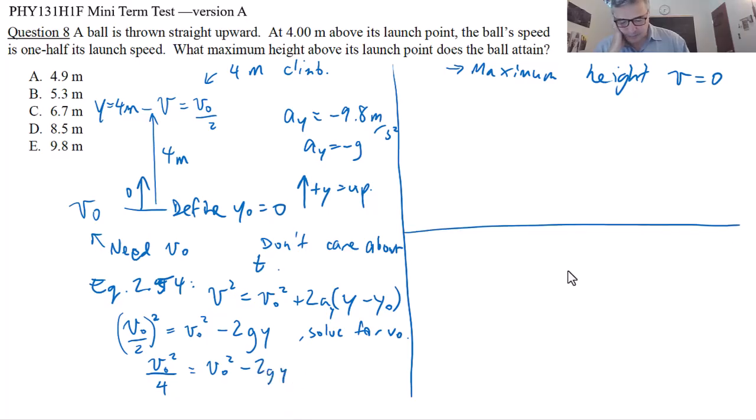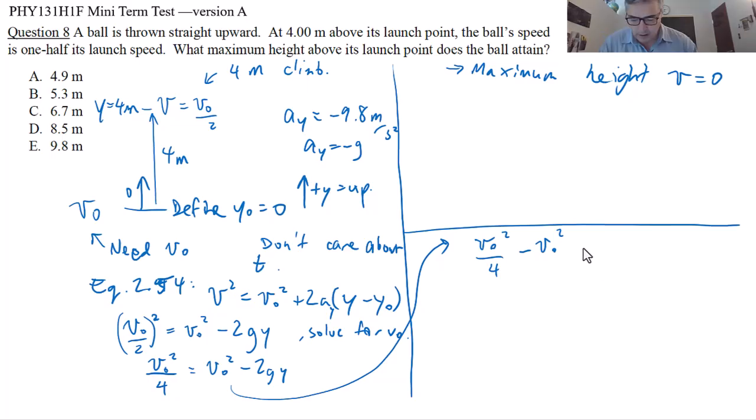I think I'm going to have to go over here, use some of this paper. I would say, let's get all the v0s on one side of the equation. v0 squared over 4 minus v0 squared is equal to negative 2gy. Maybe we should find a common denominator here. So v0 squared minus 4 v0 squared, both over 4, is equal to negative 2gy.